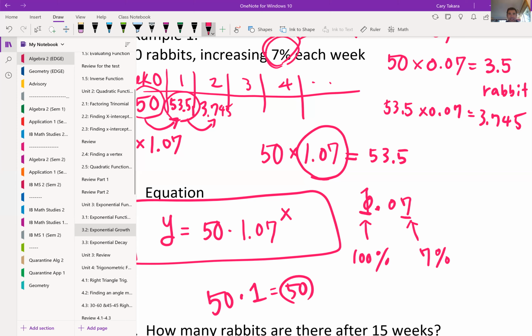You have all 100% of 50 rabbits, and that's 50, right? But you are not just interested in 50 rabbits, you have 7% more than that 100%. So it is going to be 1.07.